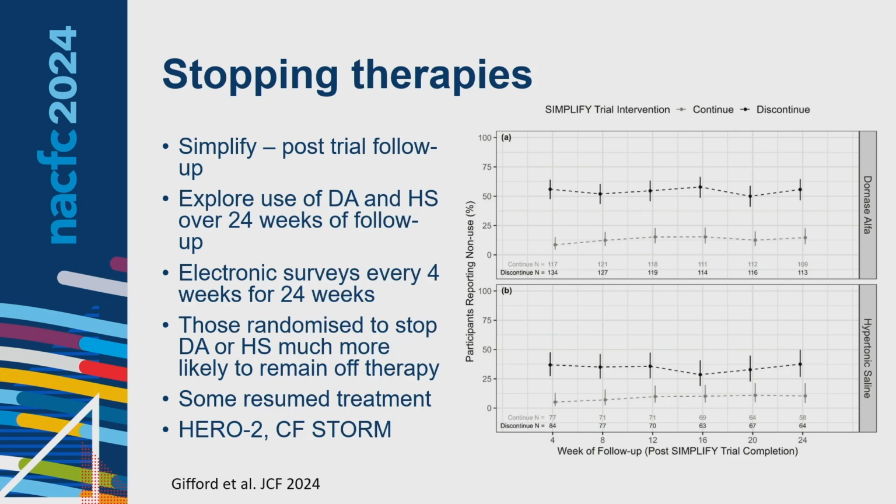After the study, the reporting of non-use was quite low. So the people that had taken the drug continued with the drug. The people who were randomized to discontinue generally discontinued, but you can see the rate is around 50%.